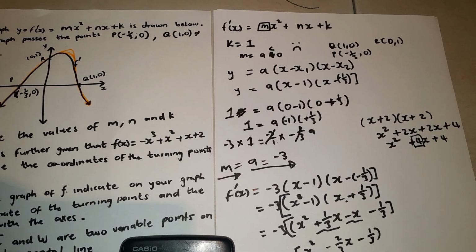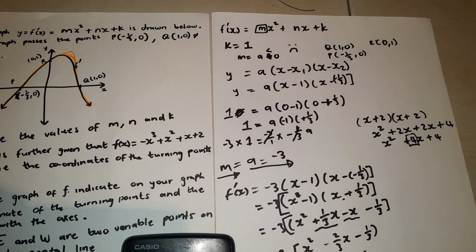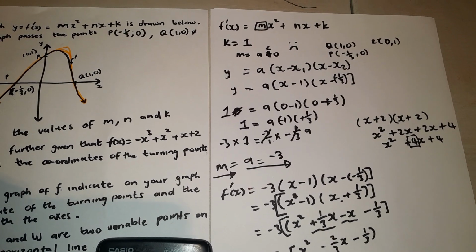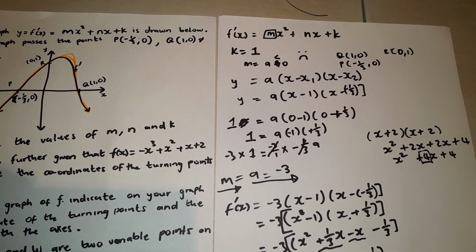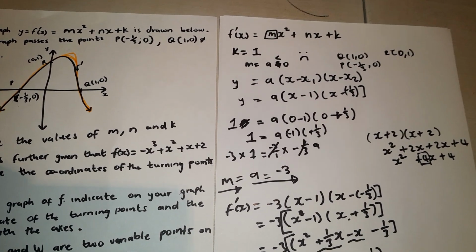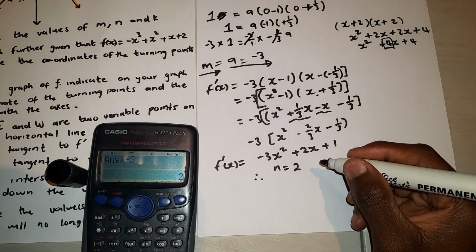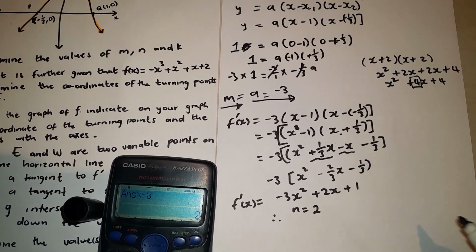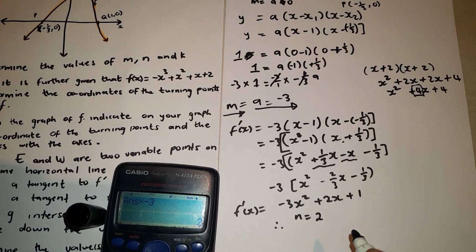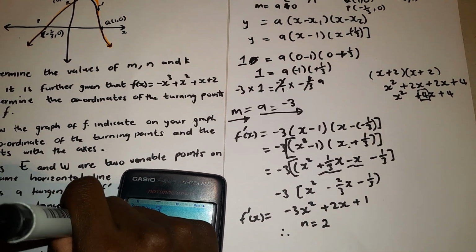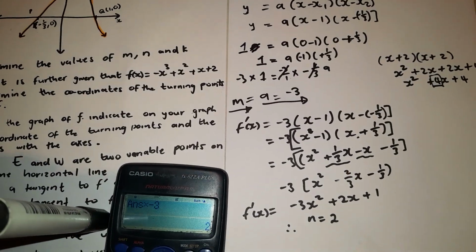And this is our equation. So therefore we now know that our n is equals to 2. This is how we tackle this. So I don't have enough space there. Okay, let me take out another page.